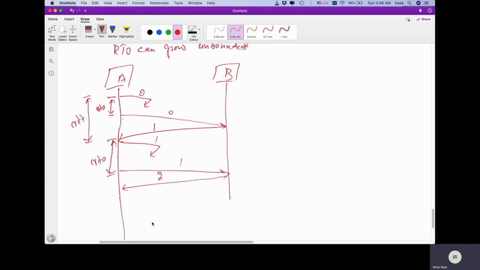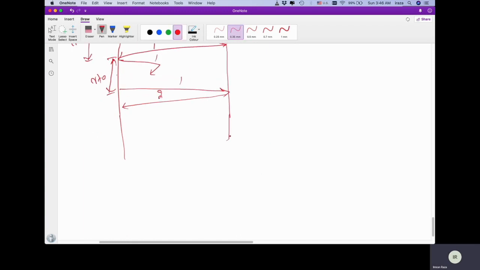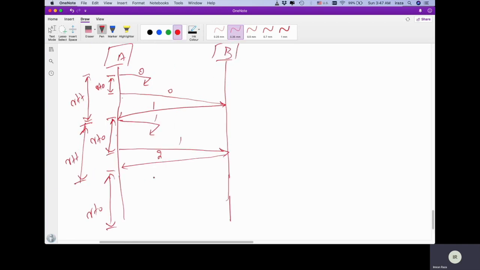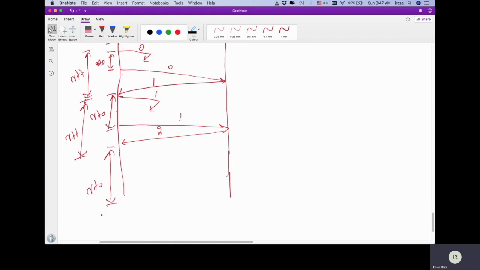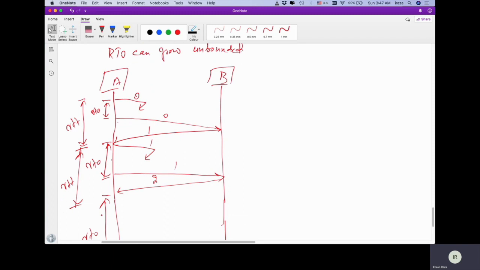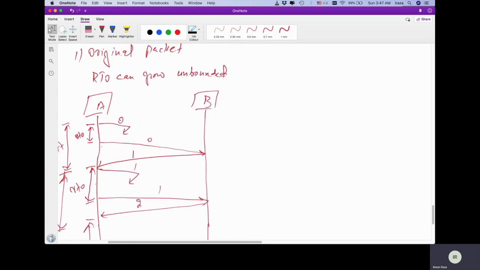Let's look at this first of all. This RTT is now even greater, and so will be the RTO. So you can clearly see that the retransmission timeout, with every unsuccessful transmission or with every retransmission, is growing unbounded.